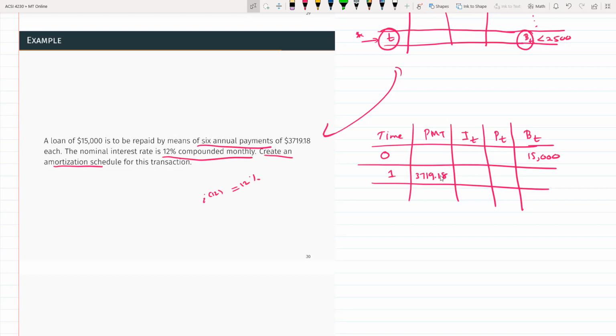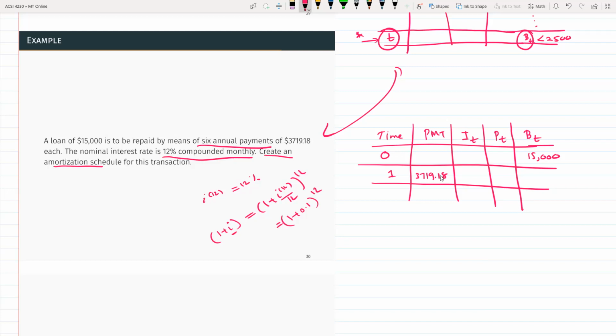So what you can do is calculate interest per year. So first calculate the effective rate. So once you get the I, let's find out what the rate really is. 1 plus 12% divided by 12 is 1%, so it's 0.01.